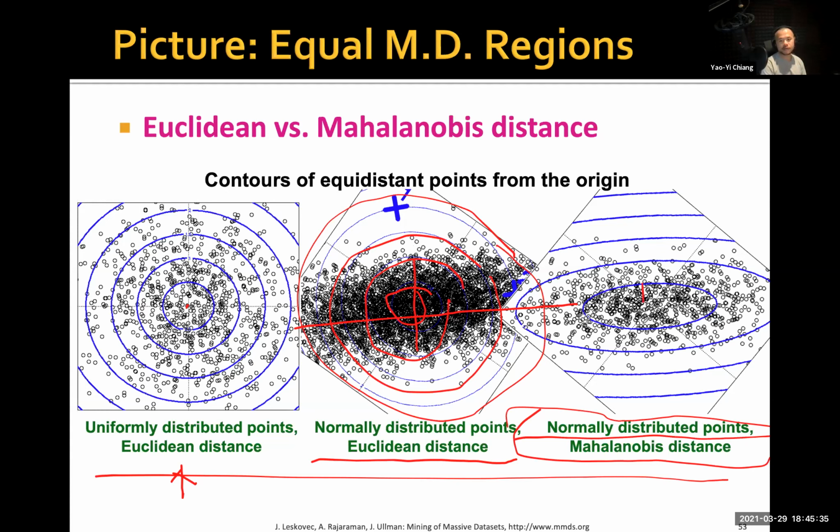So it naturally gives you something like this to measure. Pretty cool. You'll be able to tell the distance from a point to the centroid and also consider the variation in each dimension. All right, so that's your Mahalanobis distance and how you would be able to use it to decide if a point is close enough to a cluster.